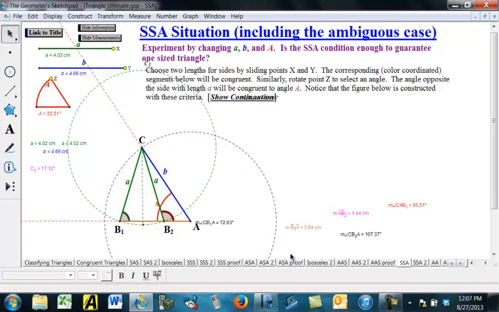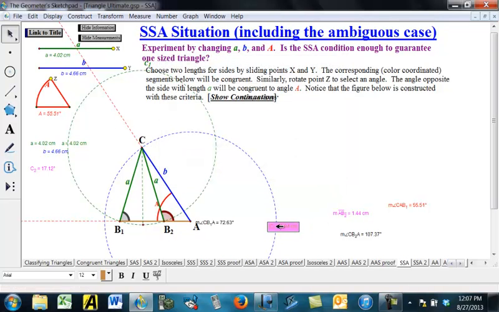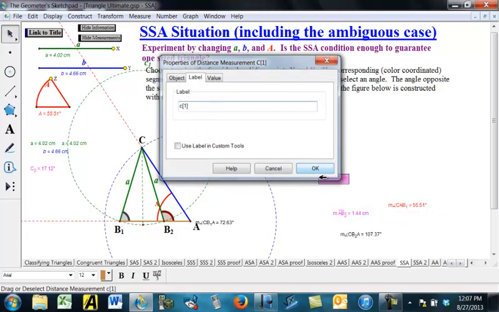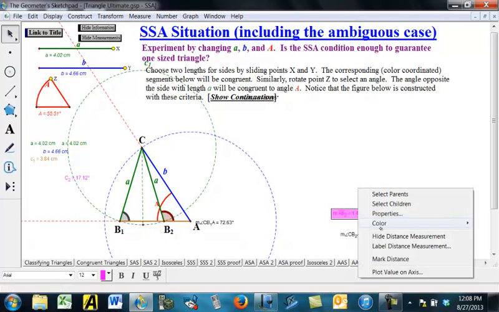So this C1 is from B1 to A. Let me relabel that C1. That's the bigger C. Oops, that should be lowercase c, because it's a size. So C1, and C2 is this one.